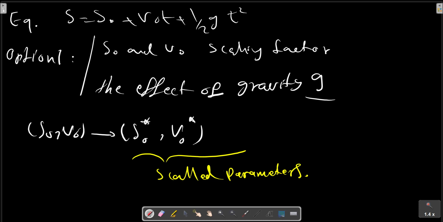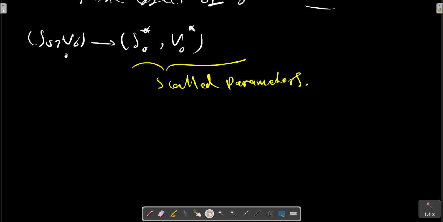To make dimensionless scaling, we have to find an expression for each variable. In this case, S star is S on S0, and T star.